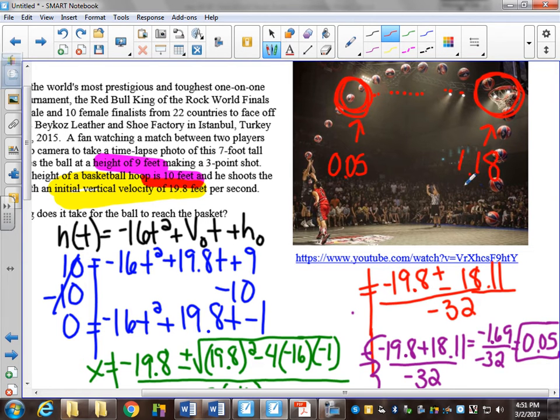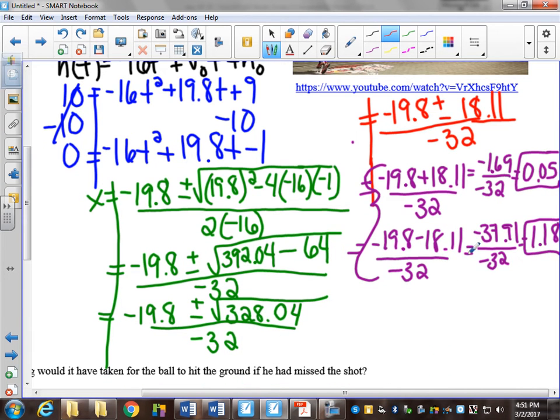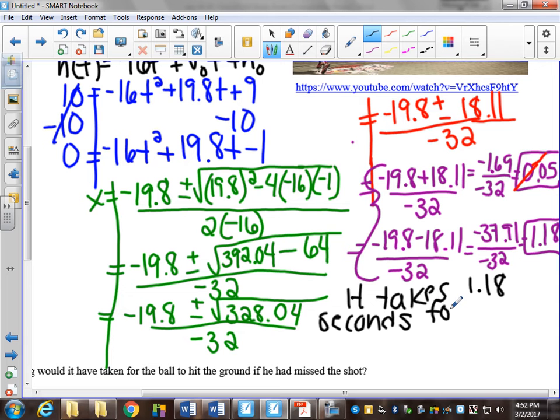And because they're asking for when it shoots through the basket, 1.18 would be your answer. So a final sentence to sum that up. It takes 1.18 seconds for the ball to reach the basket.